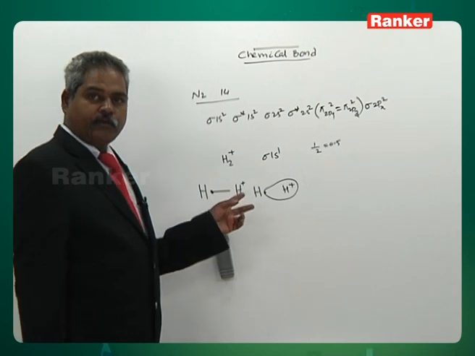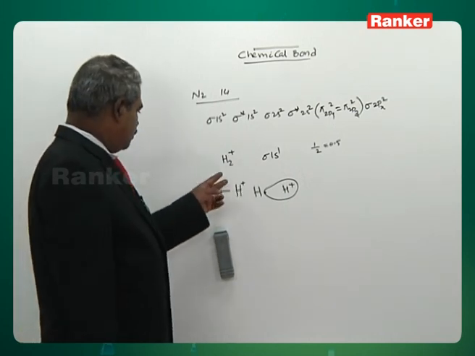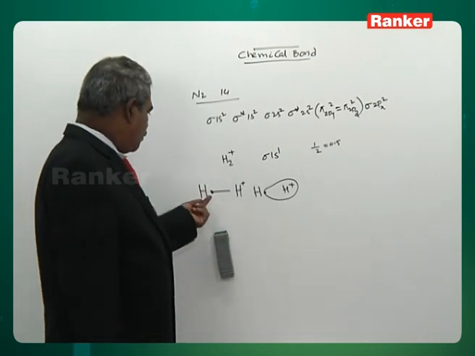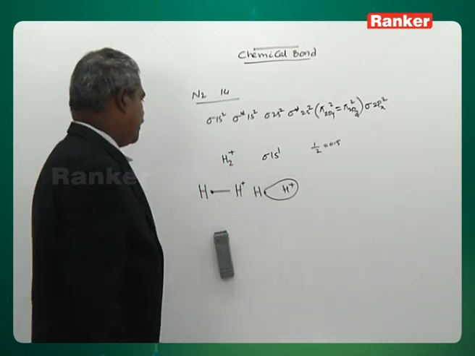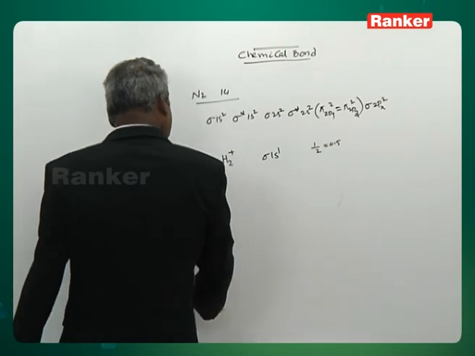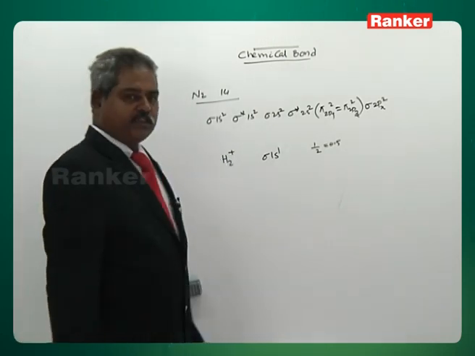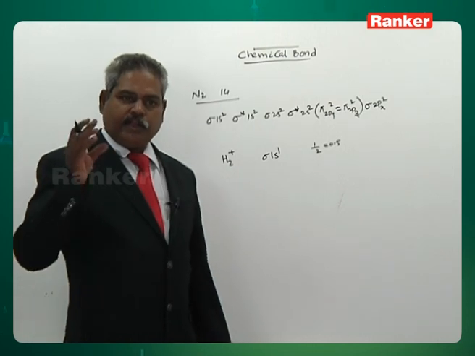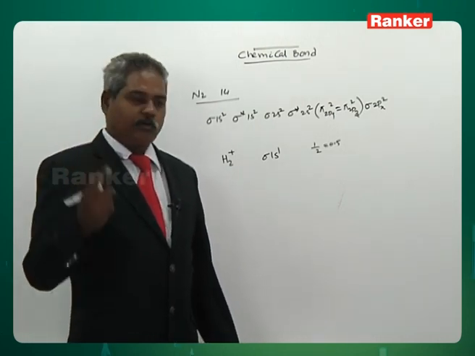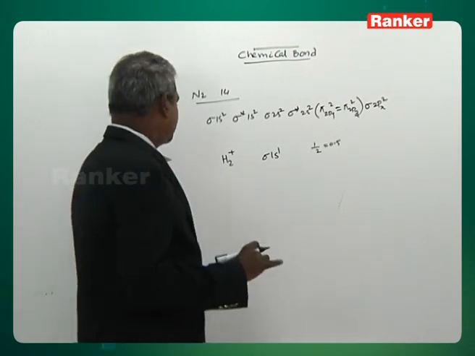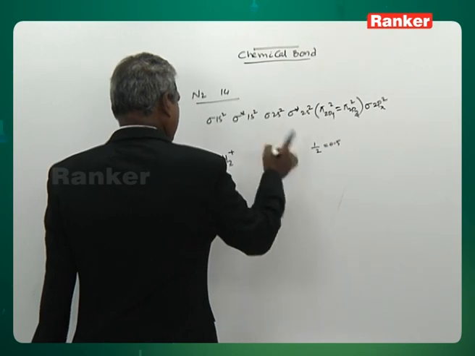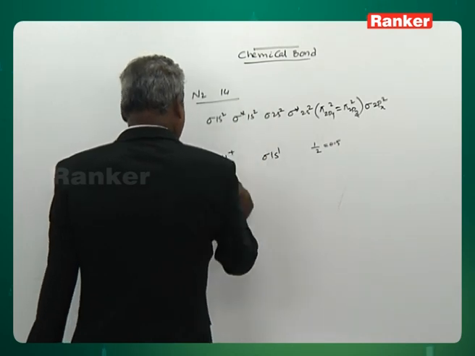Earlier we were using 2 books, 2 books shared by 2 people, that is equal to 1. Here 1 book used by 2 people, 1 by 2. As simple as that. So H2 plus exists, but that may not exist at room temperature, but when heated, definitely one hydrogen molecule will lose 1 electron. Some of them may lose both the electrons. So this is the molecular orbital configuration of H2 plus.